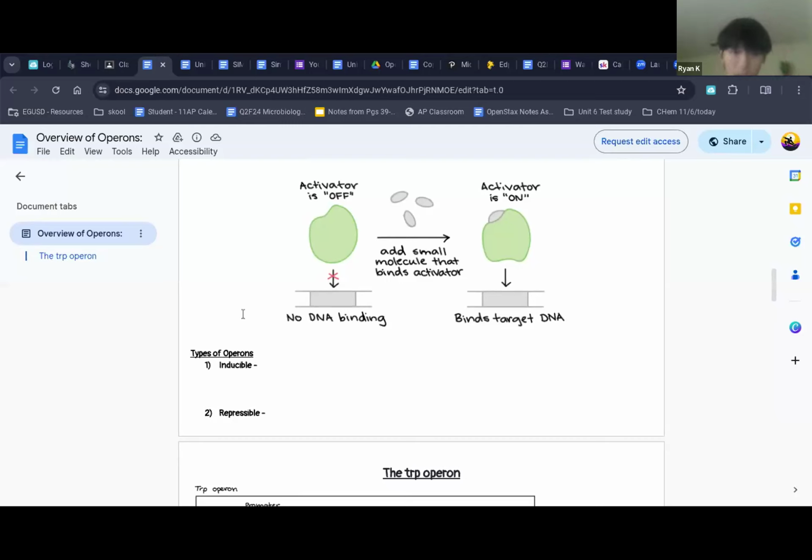And repressible is turning an operon off by a repressor or corepressor. So repressible just represses, and inducible induces, which means causes. Those are the two types, and I guess what they mean is either an activator. Okay, I'll search a bunch of things on ChatGPT, but I really need a good grade on this thing.